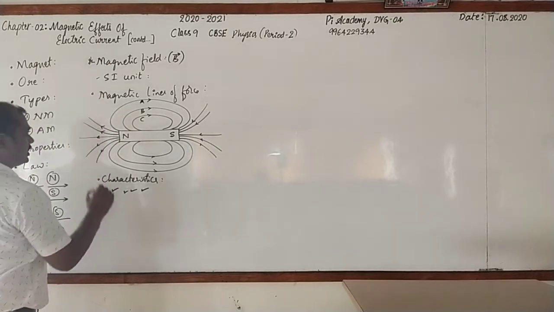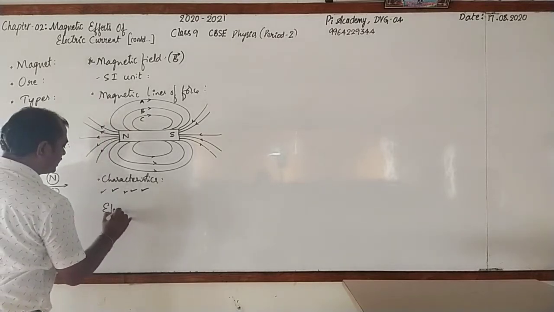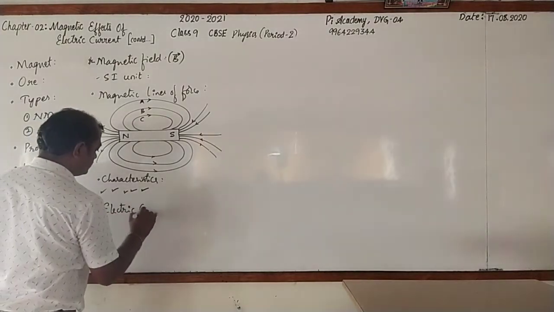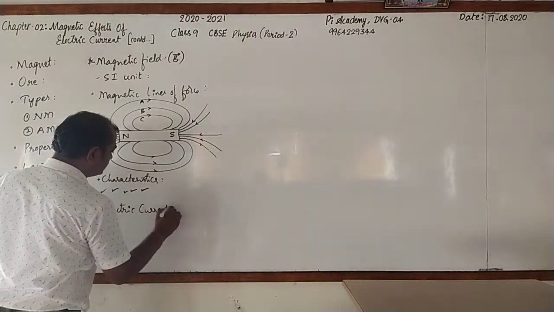a part of this chapter that is called electric current, which we have already discussed in the chapter electricity. How do you define electric current?